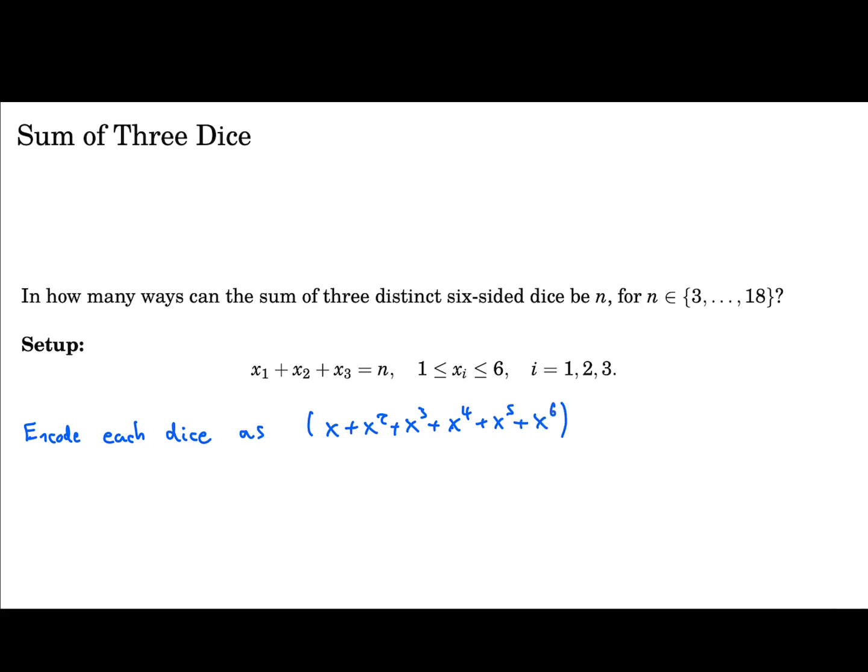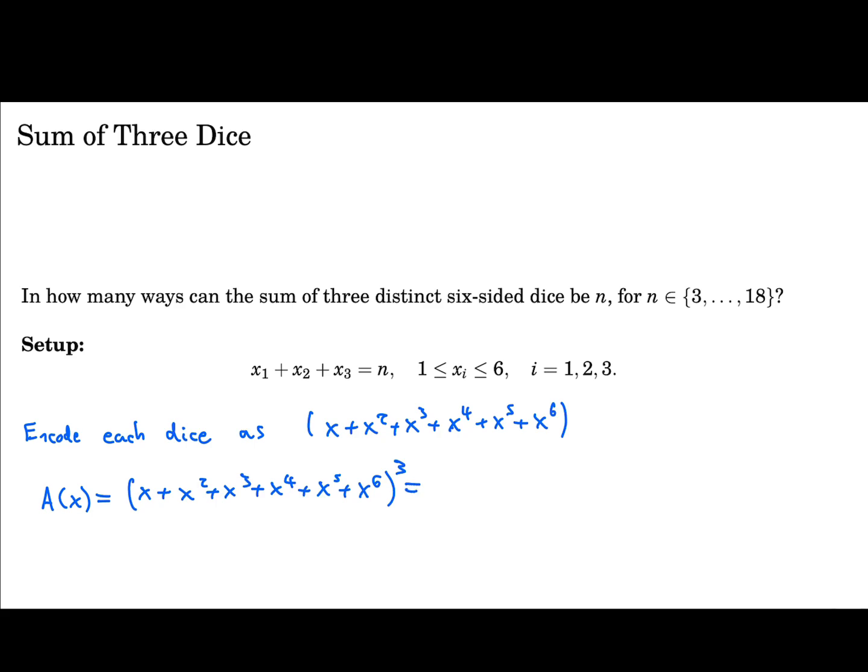Each die, you're going to encode with something like this. And then the generating function we're interested in is just multiplying all of these. So it's this sum of powers starting at 1, and here you multiply 3 times, so this is to the power of 3.